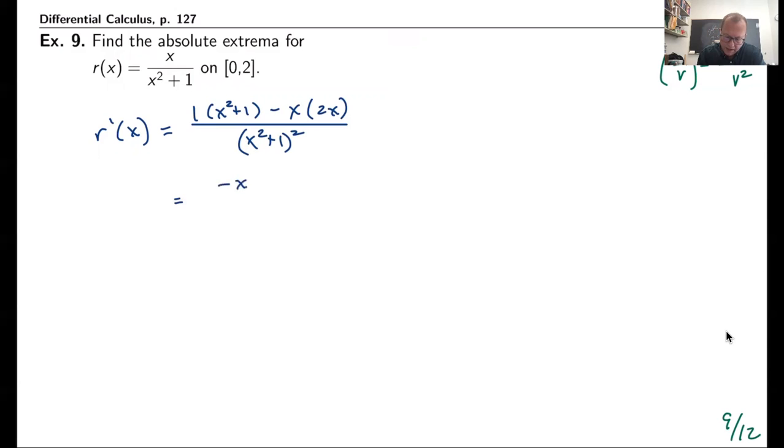We'll end up with minus x squared plus 1 over x squared plus 1, the quantity squared. Now, the denominator cannot be 0 because that x squared is always greater than or equal to 0. And when you add 1, you get something that's greater than or equal to 1. So no critical points coming out of the denominator. So our critical points have to come from setting the numerator equal to 0.